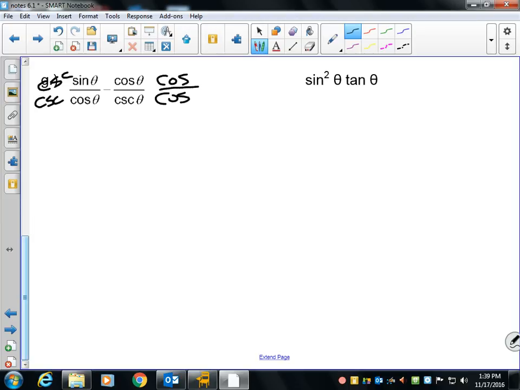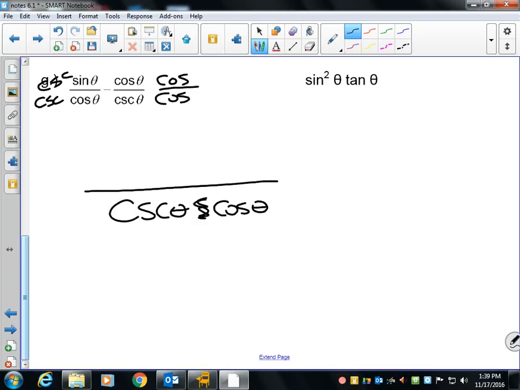So, on the bottom, we have cosecant theta times cos theta. And on the top now we have cosecant times sine minus cos squared. Right? Do you guys agree with me there?